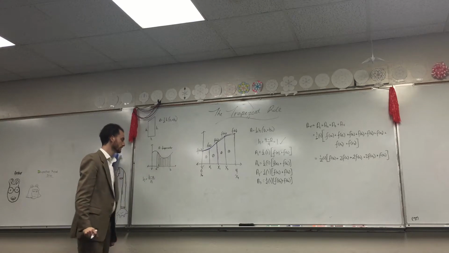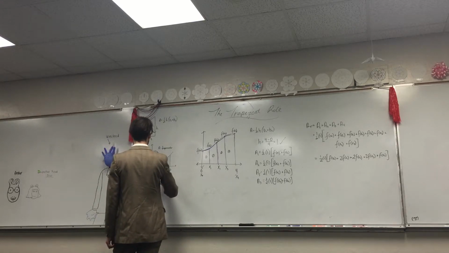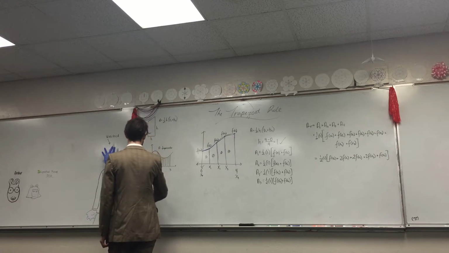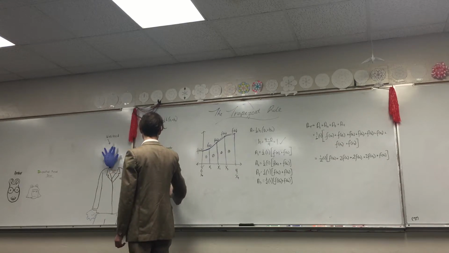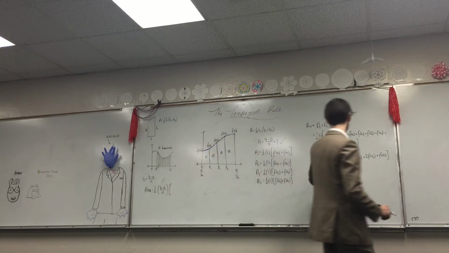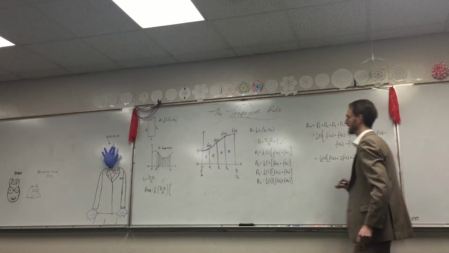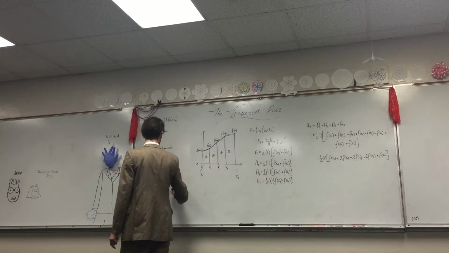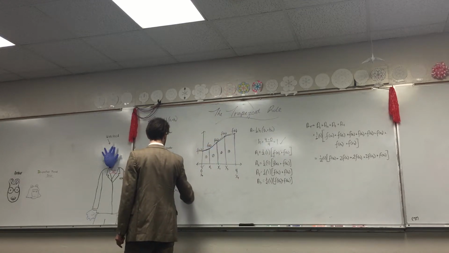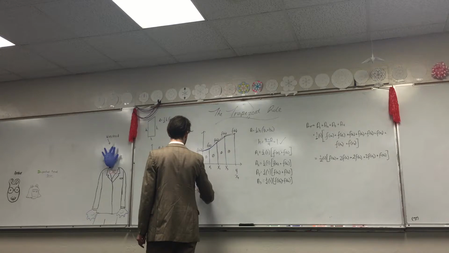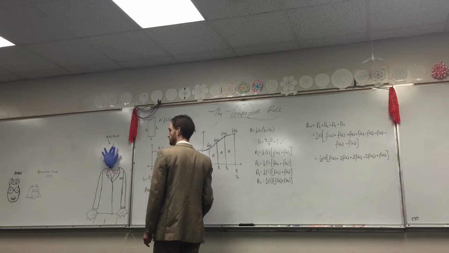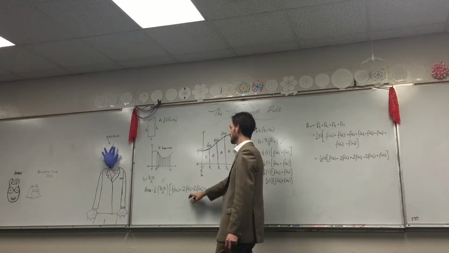Very good. Now the area equals 1/2 times this width, B minus A over N, multiplied by, let's use this form here, f of x0 plus 2 times f of x1 plus 2 times f of x2 plus ... Because I don't have 4 subintervals this time, I have an unknown.